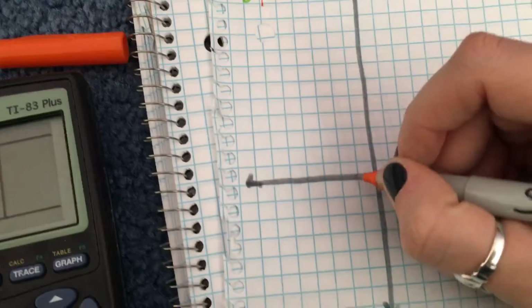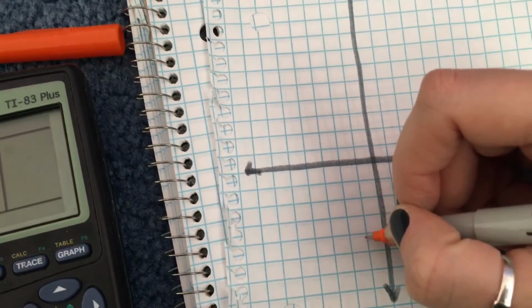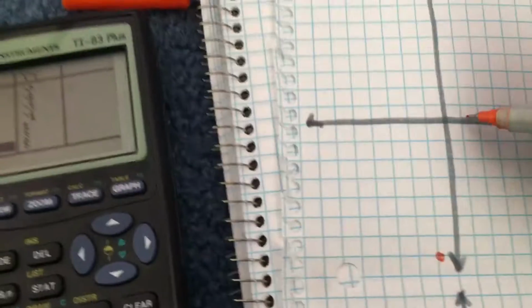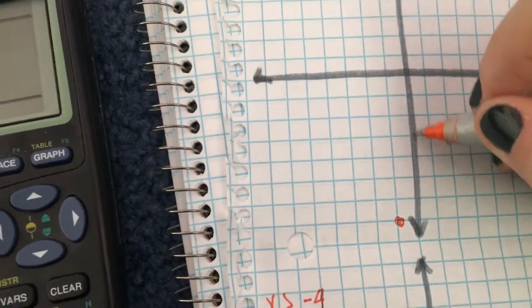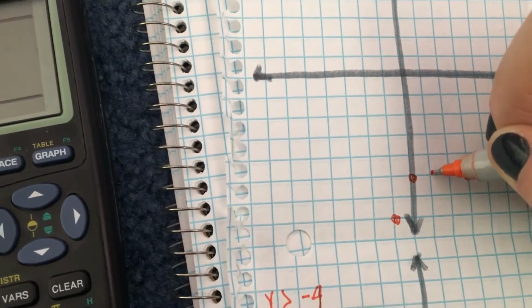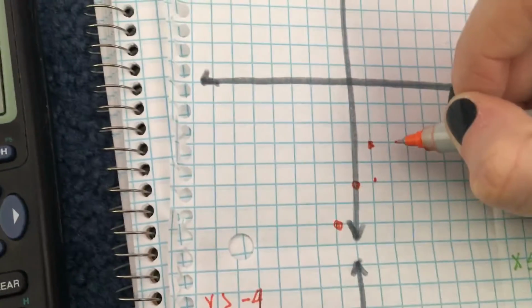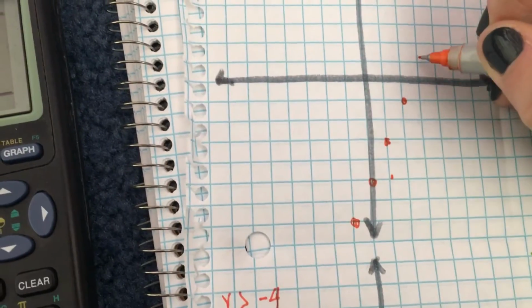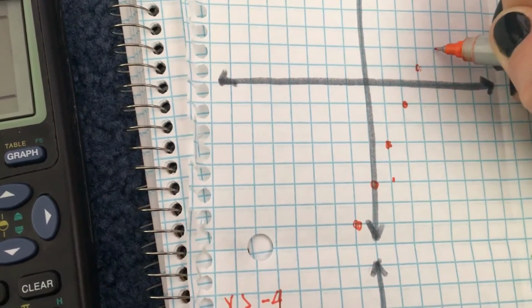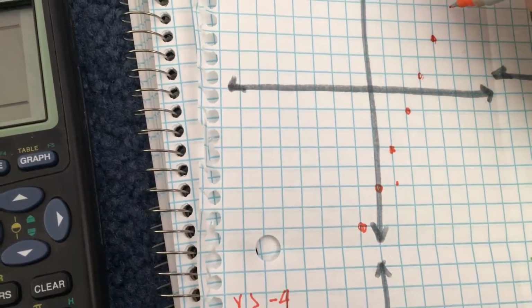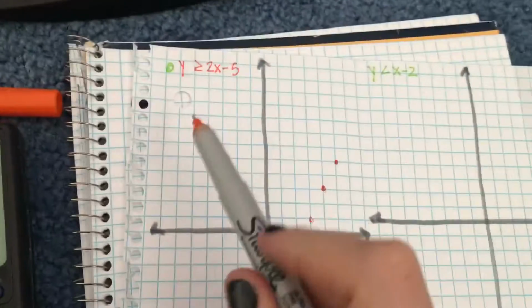Then 0, -5. 1, -3. 2, -1. 3, 1. 4, 3. 5, 5.